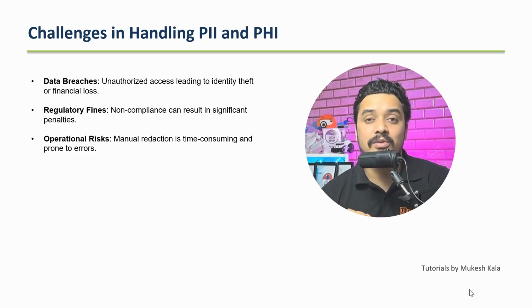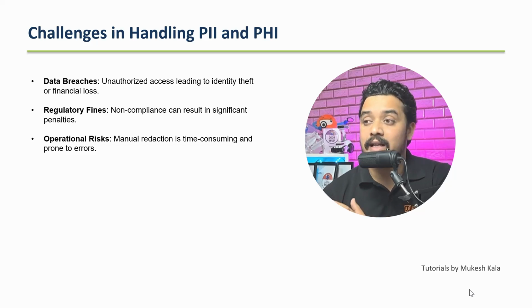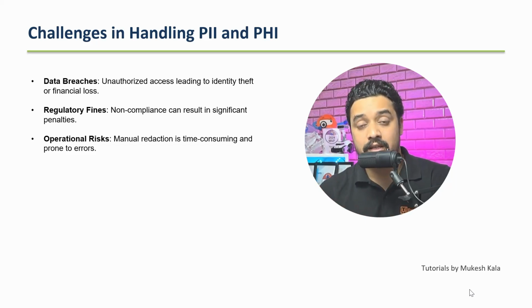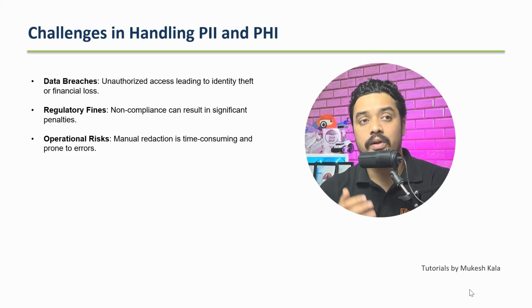The first thing is you can invite data breaches, because you have identity theft, and because you are leaking the information, you are vulnerable to data breaches. Since you are working for a client customer and the data is sensitive, you might get imposed by a regulatory fine. And lastly, if somebody is doing it manually today, that again requires a lot of manual effort and is prone to errors.